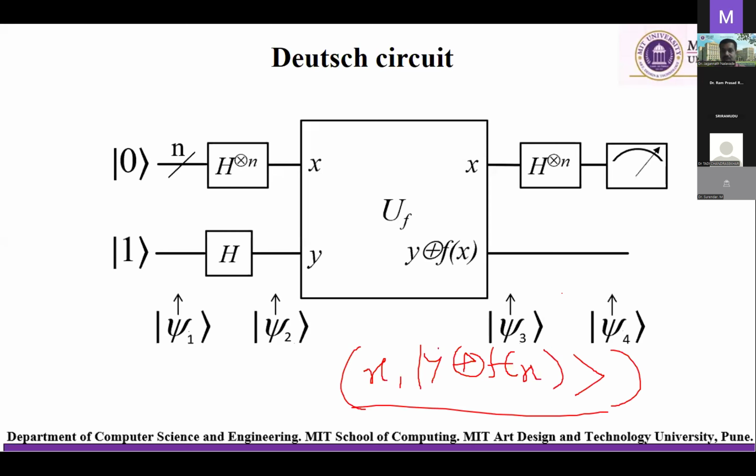As I told at the beginning of this session, this particular box in a quantum computer is called an oracle, and it is also called a black box. As the name suggests, we cannot identify which type of operation is being executed inside that black box.